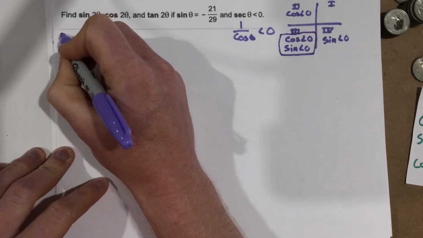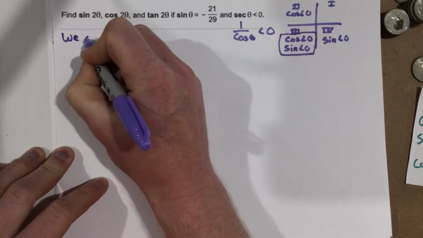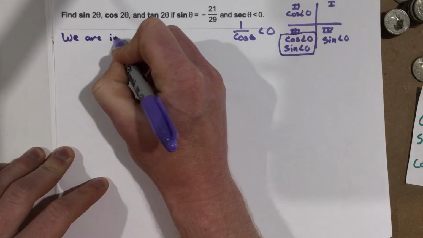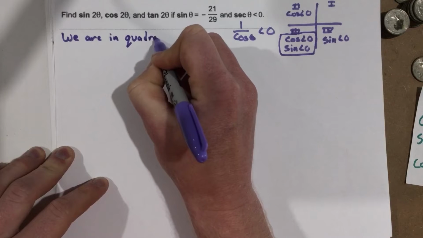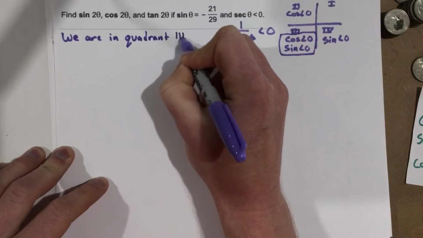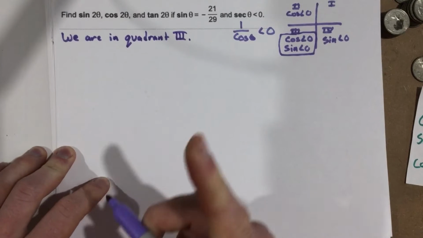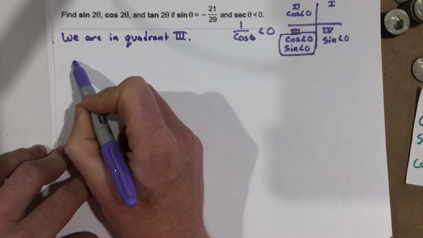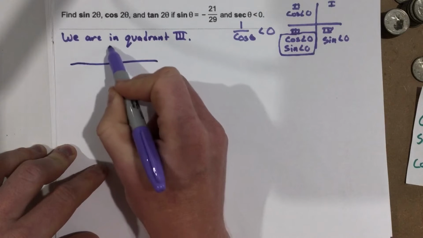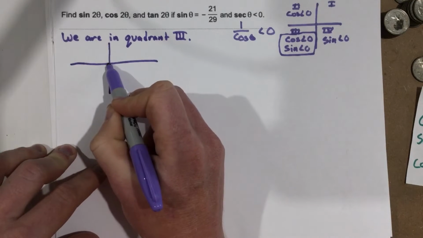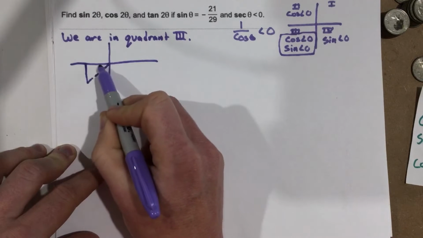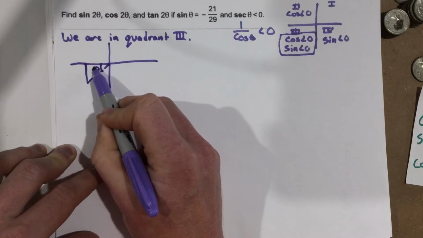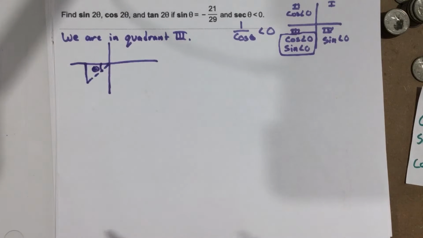So we are in quadrant 3. Because we know we're in quadrant 3, we can start to draw a triangle in quadrant 3. Remember, the triangle always gets drawn off of the x-axis, right? So theta is off of the x-axis.